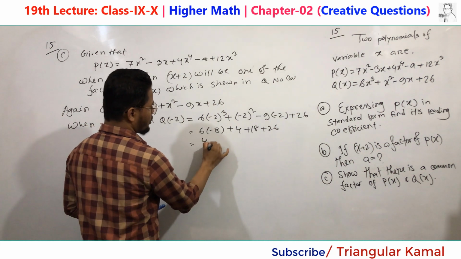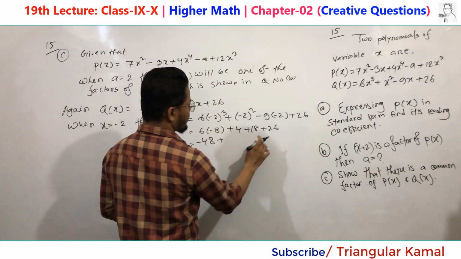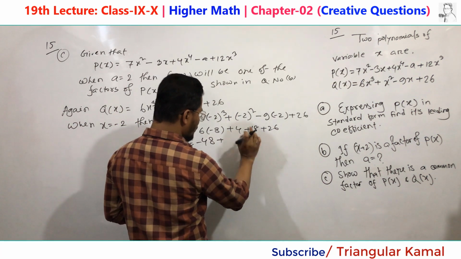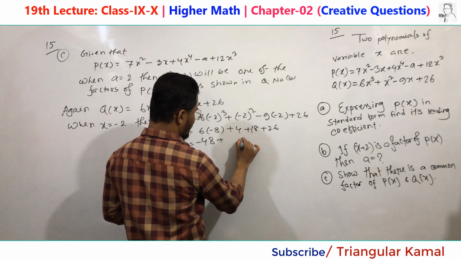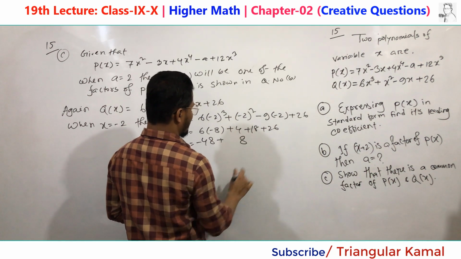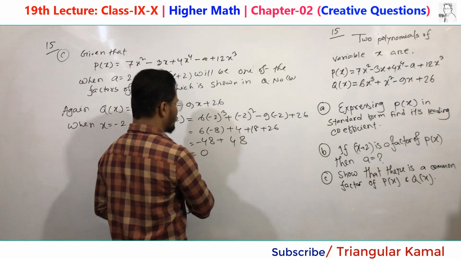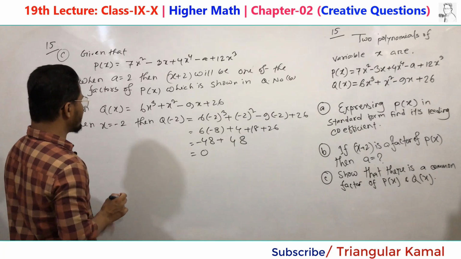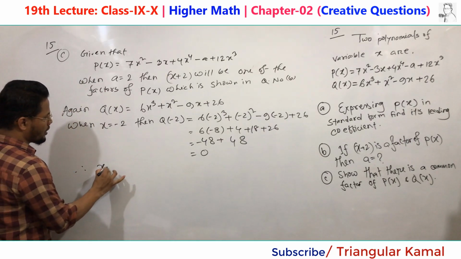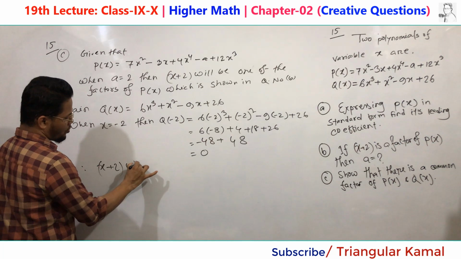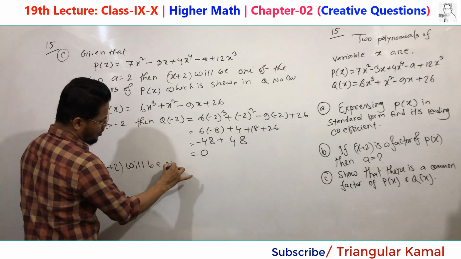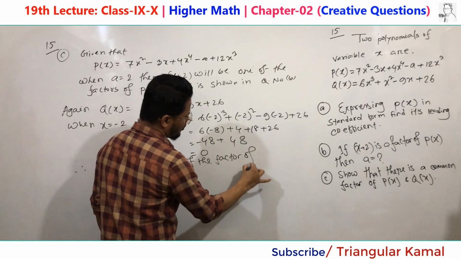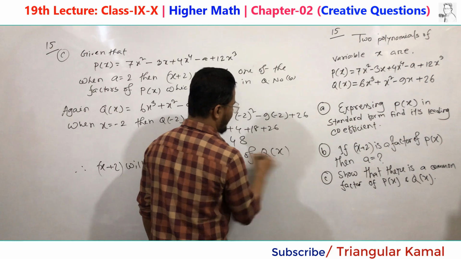Then 48 plus 8 plus 6, 6 to the 12, 12 plus 2, 14, 14 plus 4, 18, 18, 8, carry 1. This one is 48, so there will be a 0. That's why we can say that x minus 2, so x plus 2, will be one of the factors of q of x.